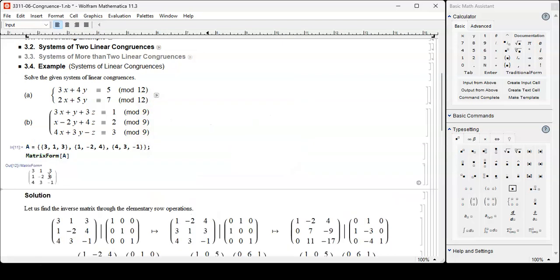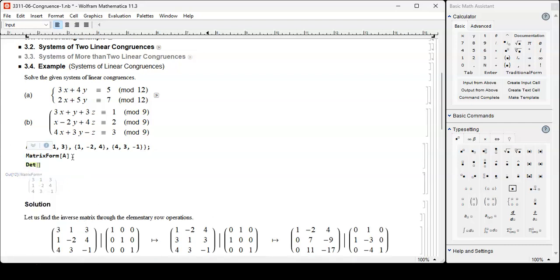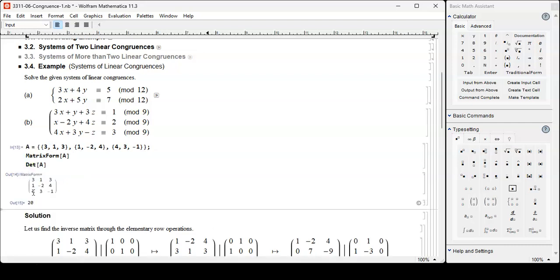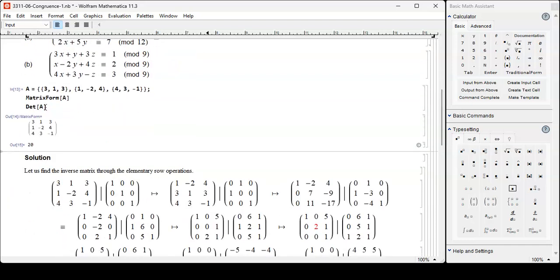Let's see. Is this a coefficient matrix? 3, 1, 3, 1, -2, 4, 4, 3, -1. Okay, all right. Determinant is 20, and that's 2 modulo 9.